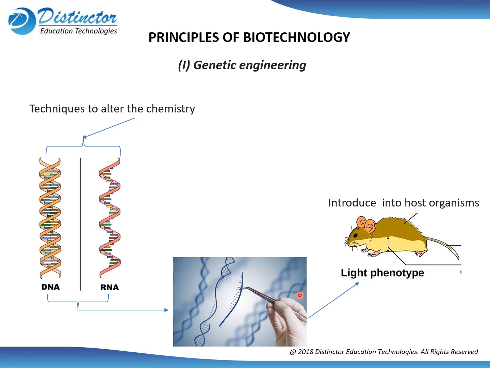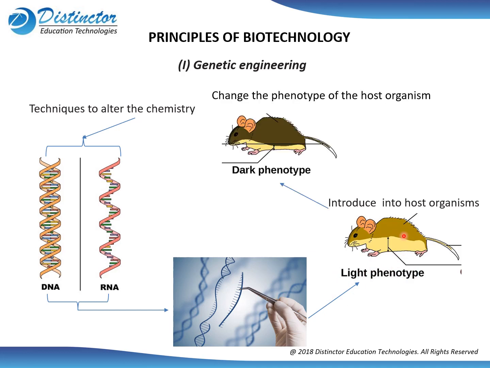Let us take one example. We alter a particular DNA and then introduce it into the organism, that is, a host organism. Host means we introduce something into a particular organism, and that organism is called a host organism. If this host organism has a light phenotype, that is, a light skin color, we alter the skin color DNA and introduce it into the host cell.